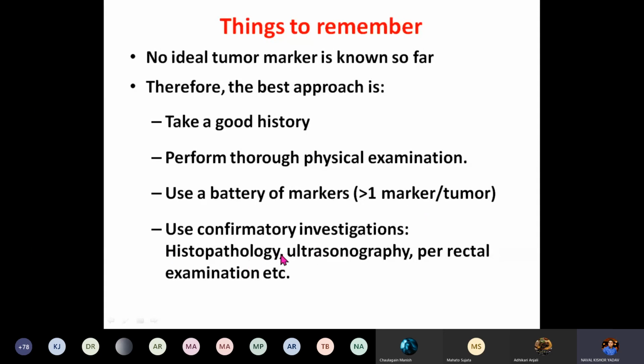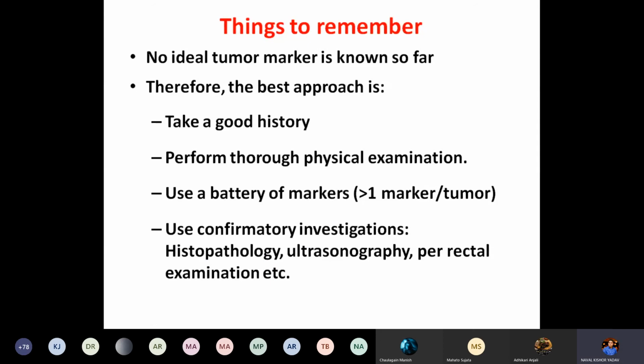So till then, what will you do? You can use more than one tumor marker, which will help in the diagnosis. Confirmation you can do from histopathological examination, ultrasonography, or rectal examinations. But you can use more than one tumor marker for the diagnosis.